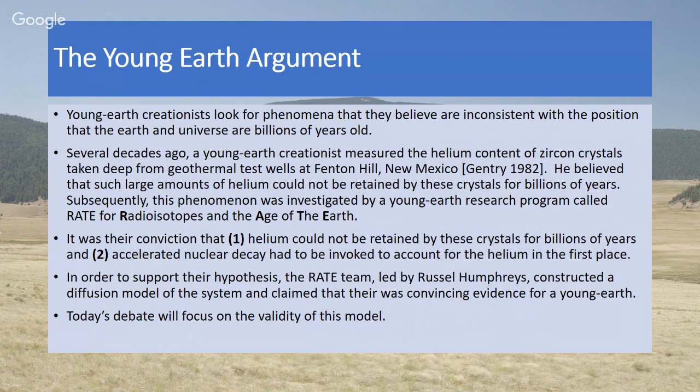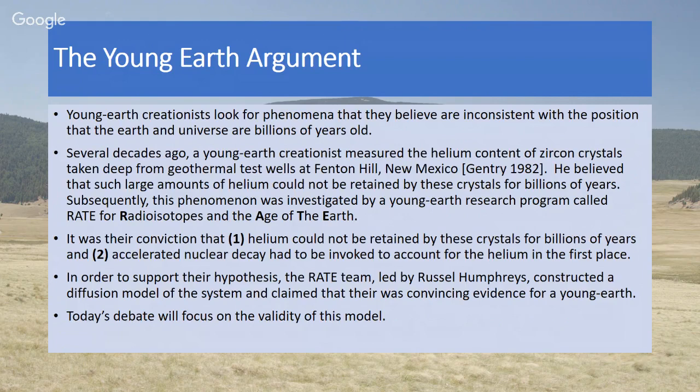So several decades ago, back in 1982, a young Earth creationist was working on some samples from geothermal test wells in Fenton Hill, New Mexico. In the course of the study, they were looking at the lead content of these crystals and also the helium content. And they noted what they considered to be a surprisingly large amount of helium in these crystals.